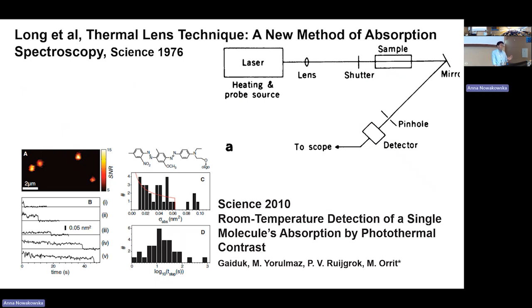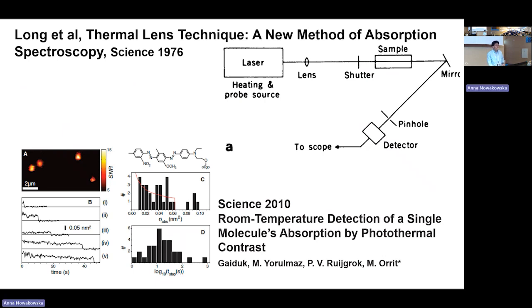Of course, I have to say that for a dye molecule, we should use fluorescence to do single molecule detection, which is much easier. But this paper indeed triggered us to think about whether we can use photothermal to measure chemical bonds. And that first paper took us 5 years because this is a very difficult measurement. The energy from chemical bond vibration is much smaller than the electronic transition.